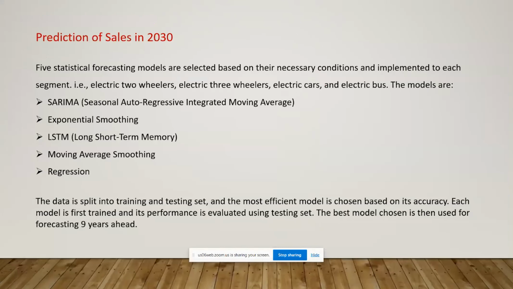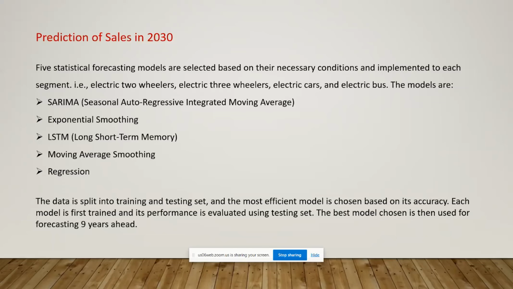Now I've projected the sales to 2030 using the models SARIMA, exponential smoothing, LSTM, moving average smoothing and regression. I've seen which model gives the best result, taken the accuracy, and then projected that particular model to 2030. The data is split into training and testing sets.